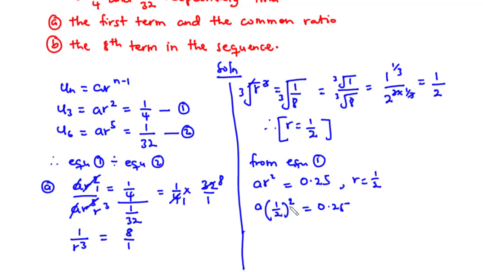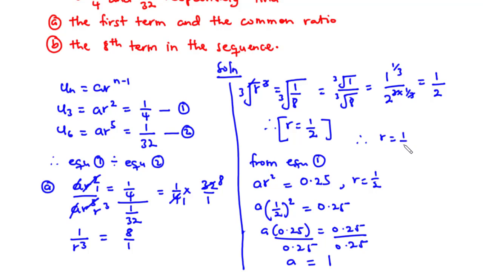Square of it gives us 0.25. So we have a times 0.25 equals 0.25. We divide through by 0.25, and then we have a to be equal to 1. Therefore, we have the common ratio to be 1 over 2, and then the first term to be 1.